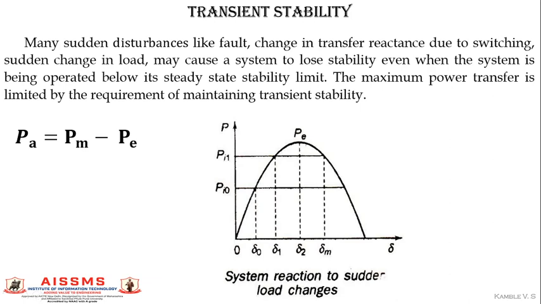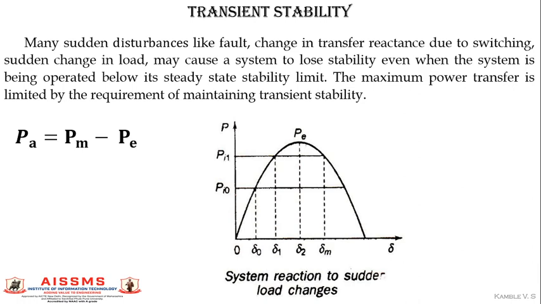In a power system there are lots of disturbances. These disturbances are of small type, and also of big type. If the disturbances are small and the system is able to regain its stable state or steady state, that stability is called steady state stability, that we have seen in the last class.